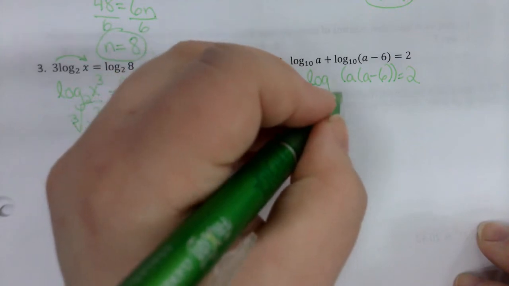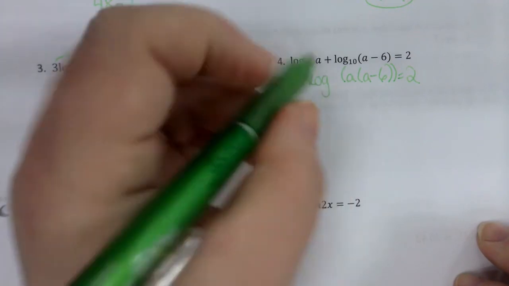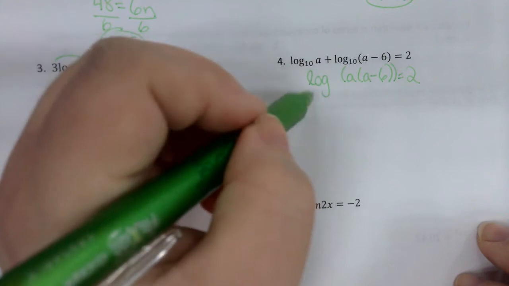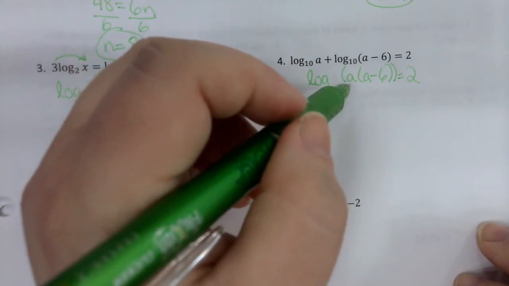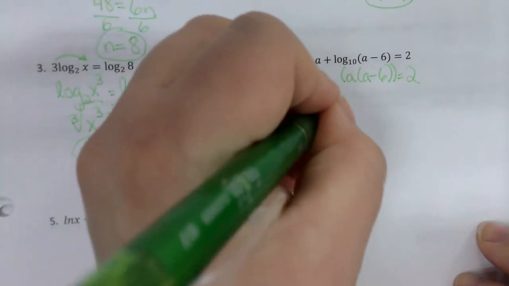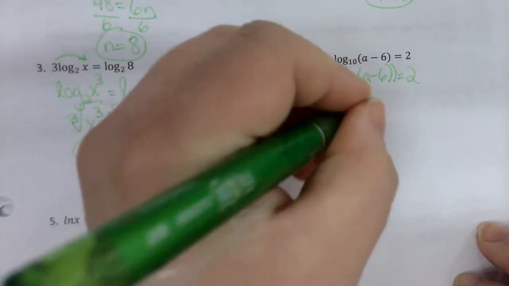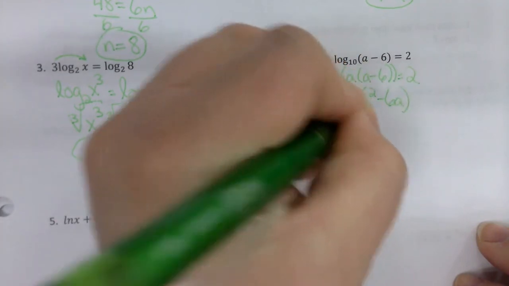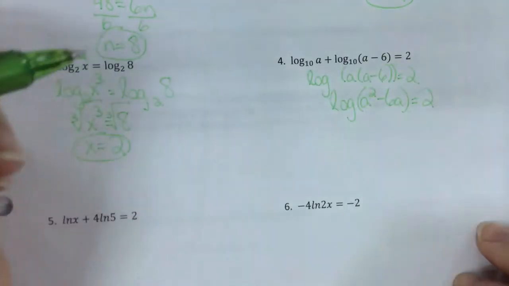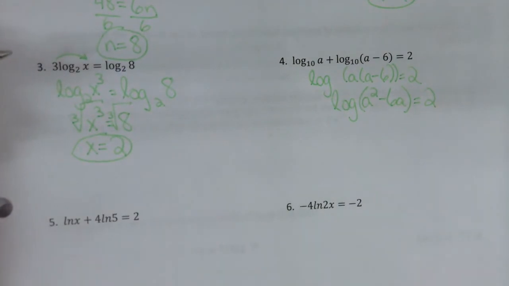So I have one single log, and it's all alone on this side. I'm going to take a second to simplify this here just so it looks a little simpler. So I have one log all alone in the whole equation. It's all by itself.